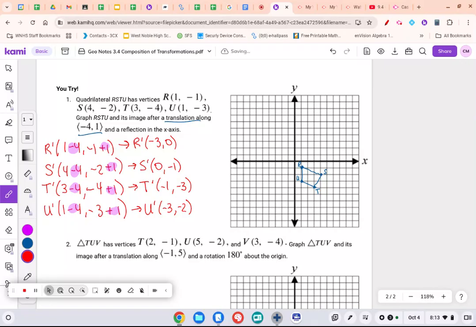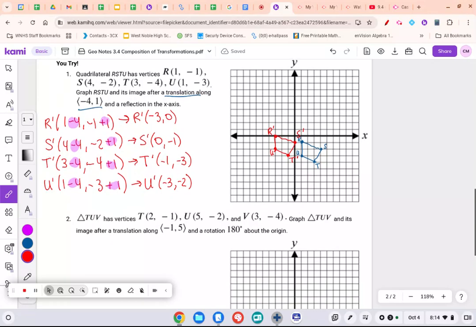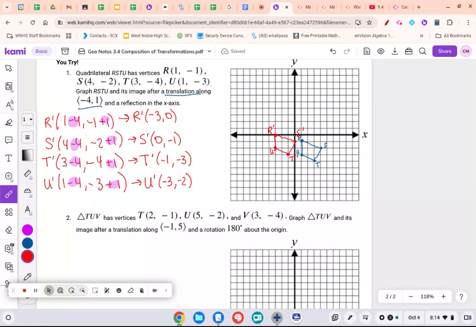So I'm going to graph these. R prime is here. S prime is here. T prime, -1, -3. And U prime, -3, -2. All right, then we have to reflect across the x-axis.